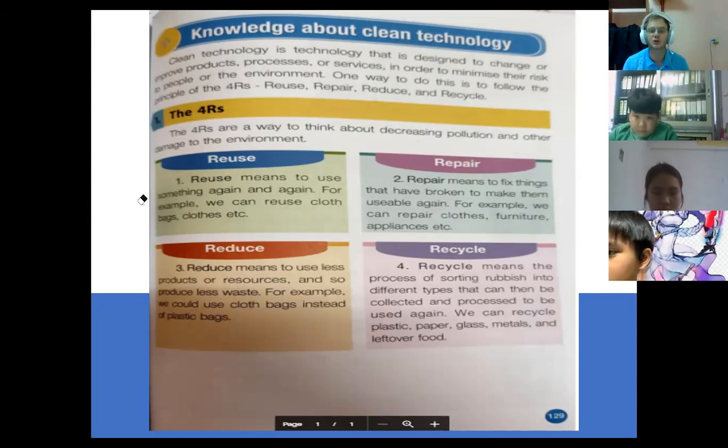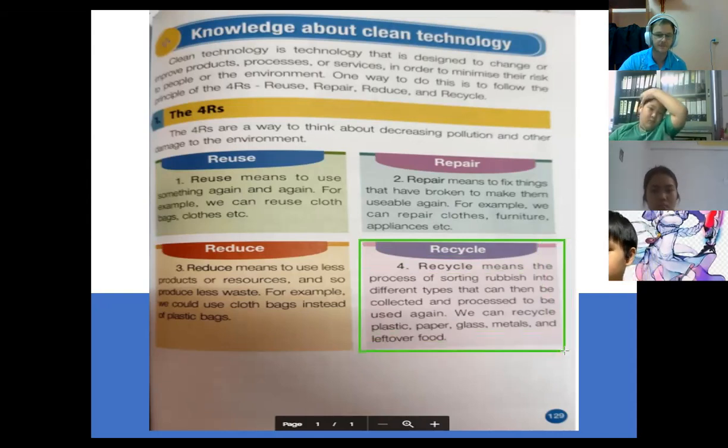So we reduce. Repair, we also talked about how we can fix certain things that are broken by using some tools around the house, and also maybe a needle and thread to fix our clothing. And then the last one, which is currently something that people are focusing on a lot in Thailand, is to recycle.